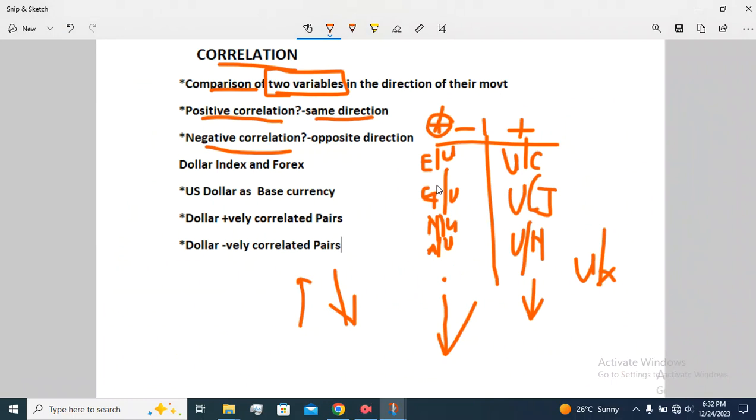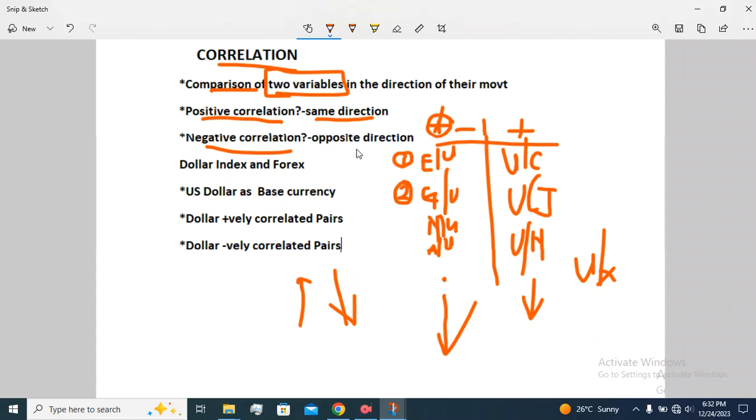So that means the patterns that are forming on DXY, if you reverse that chart, are more likely to be the same pattern that EUR/USD is forming, right? The closest one to follow is this guy, EUR/USD.